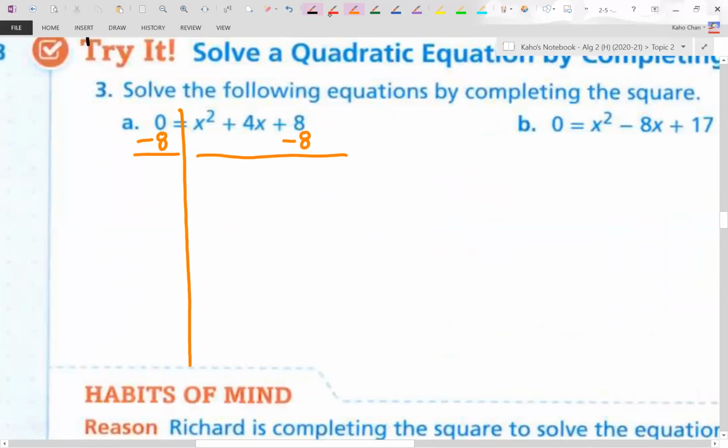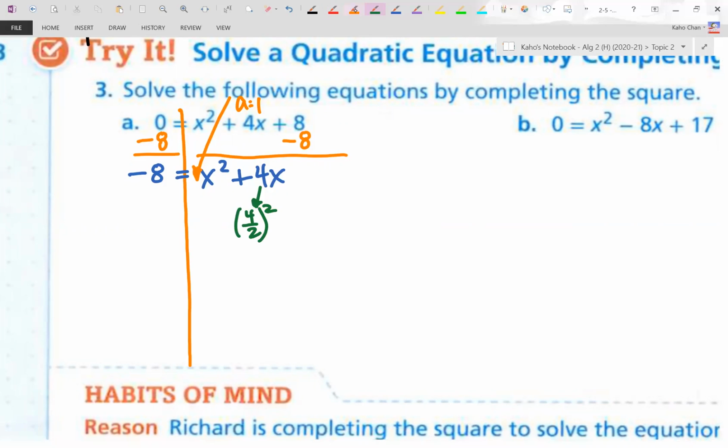When I do that, I have negative 8 equals x squared plus 4x. Check. Is A 1? Yes. Half of 4 squared is next, and that gets planted right here. Half of 4 is 2. 2 squared is plus 4. Oh no, it's unbalanced.